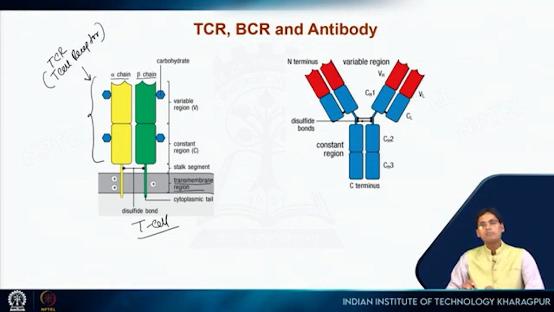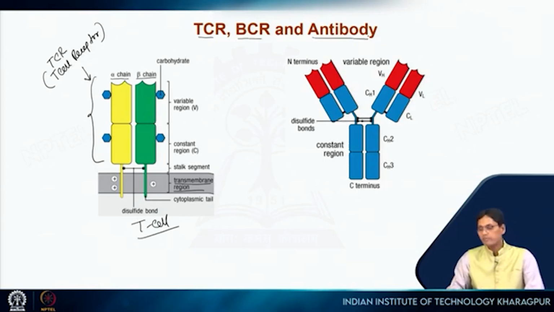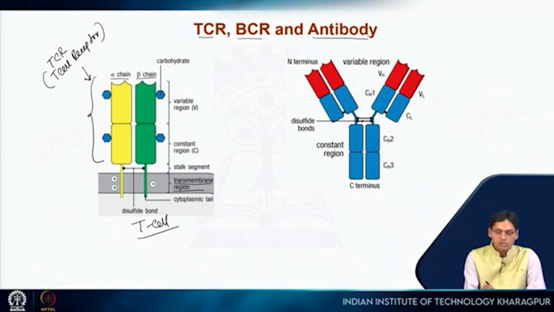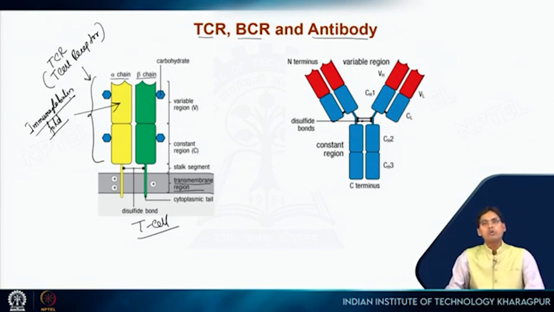But one of the most interesting things here is that whether we are talking about TCR or BCR or an antibody, you will see that those proteins are made up of a unit called the immunoglobulin fold. Immunoglobulin is the other name of antibody.